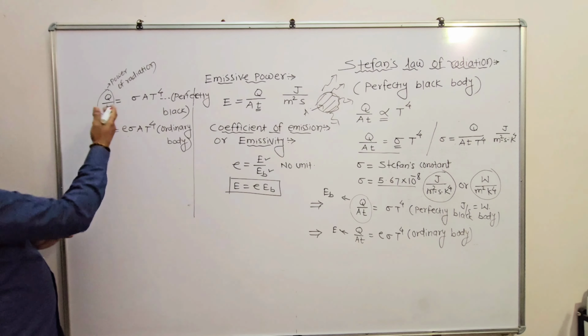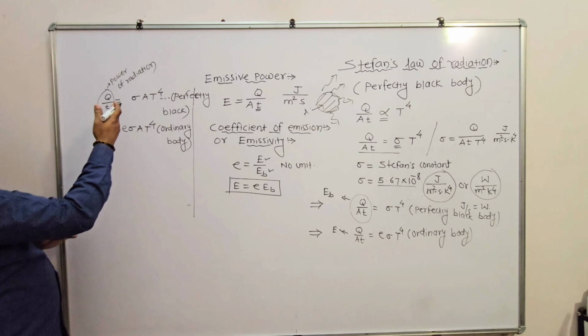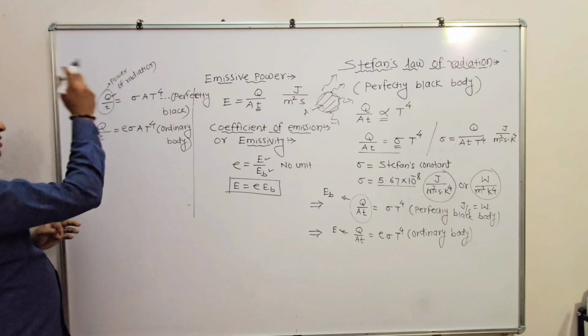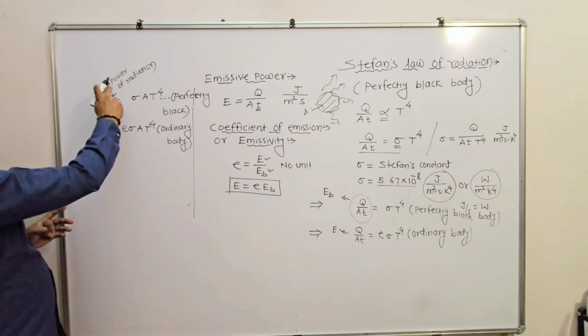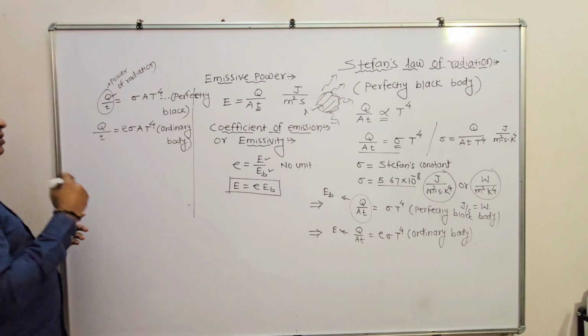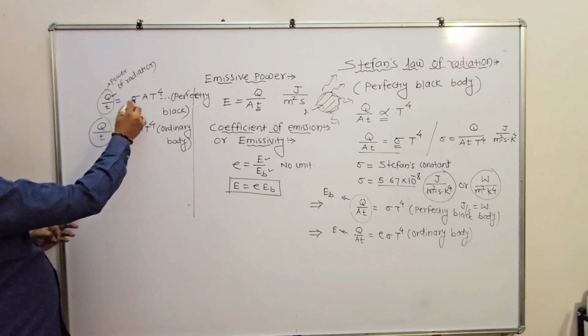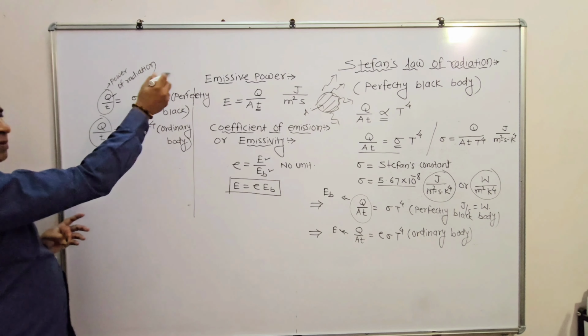Ability to do the work within a given time is known as power. And that power, in terms of calorie, in terms of joule, we say that Q upon T is nothing but the power of radiation. This power of radiation is equal to sigma into A into T raised to power 4.